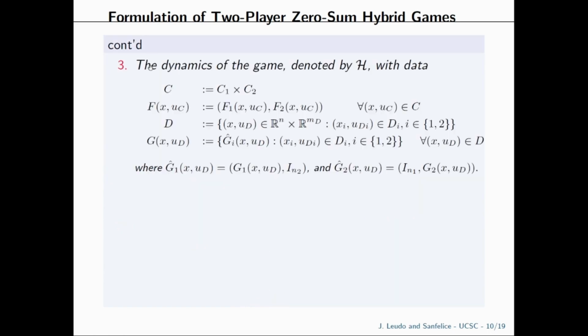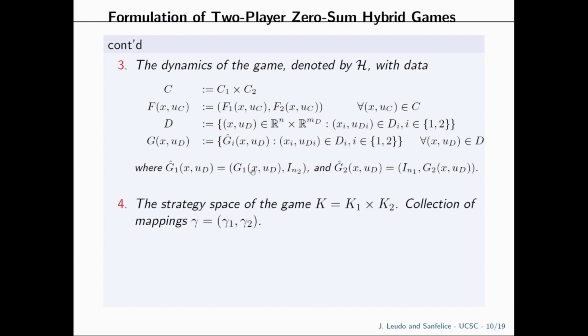The dynamics of the game have a flow set given by the product of the flow sets of the players, and the joint flow map F. And when any of the players triggers a jump, the joint dynamics trigger a jump as well. This is captured by the joint jump set D and map G.